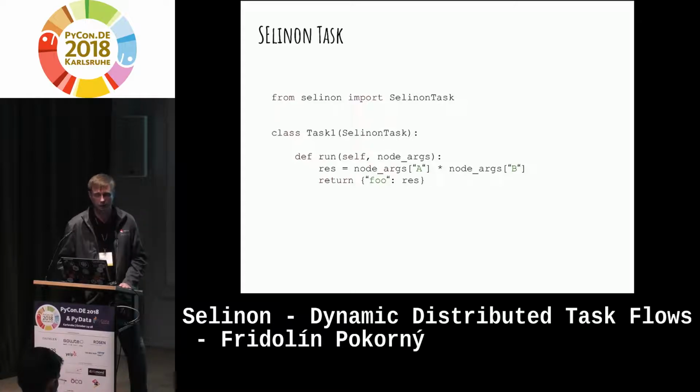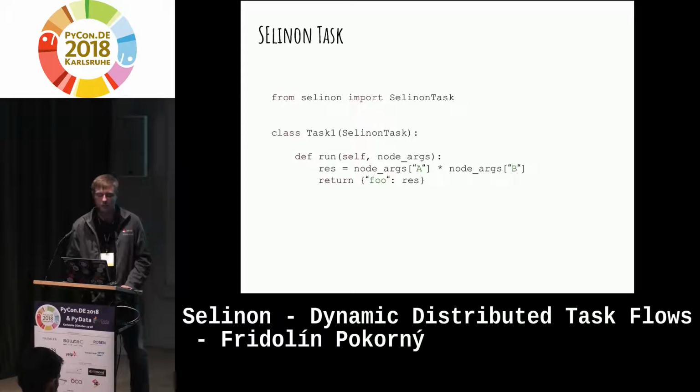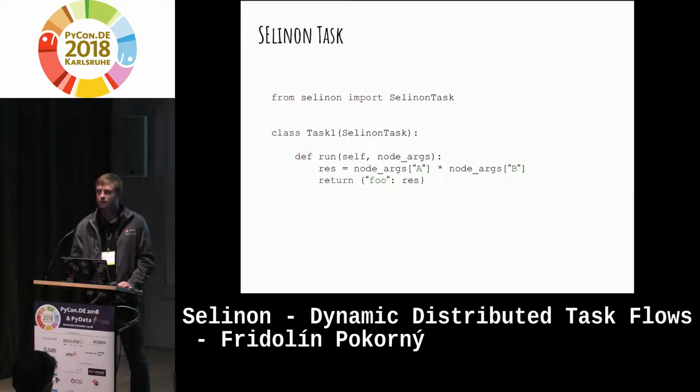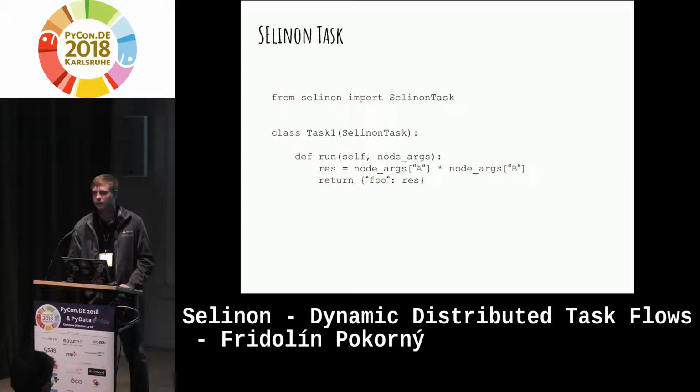In Selinon, there is a primitive task similar to the Celery one. And if you would like to create a task, you simply derive from Selinon task that implements a simple interface. This task has one entry point that is called the run method, and it accepts arguments that are node args. These arguments can be a dictionary, or an array, or anything that can be serialized on your message broker.